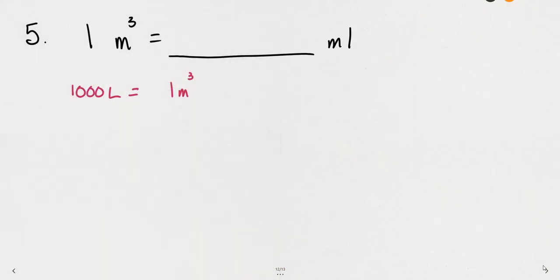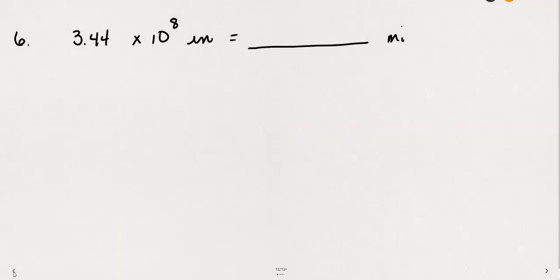Well, if we know that there are 1,000 liters in 1 cubic meter, if we're given that, then we can start by saying that 1 cubic meter is this 1,000 liters. We could start with that, and then we could use the King Henry chart.